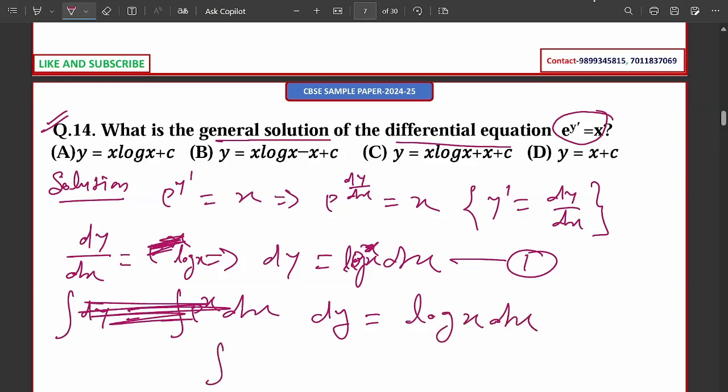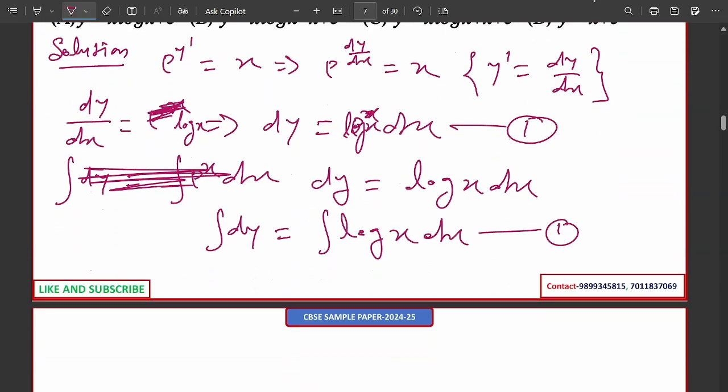Now by integrating, dy is equal to integration of log x dx. This is a question and this is a part 1. So we all know the integration of log x. This is y is equal to x log x minus x plus c.